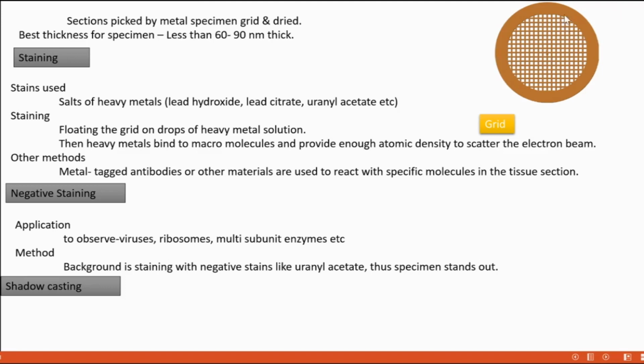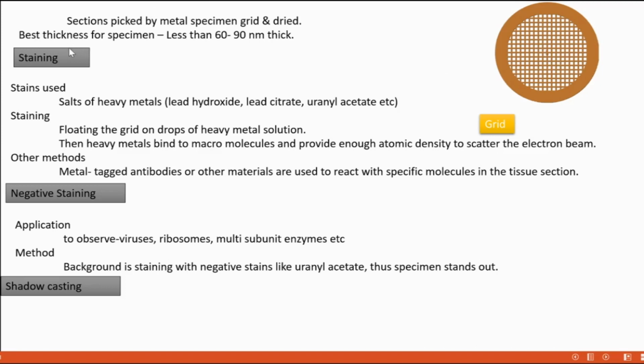The grid may be round or rectangular, with a mesh-like area in the center. On this grid, the sectioned specimen is collected. The best thickness for a specimen to be observed under TEM is 60 to 90 nanometers.